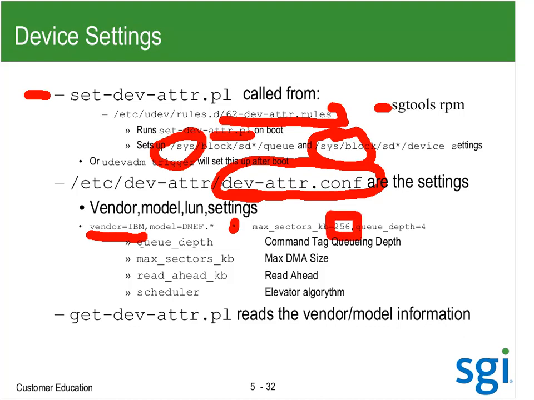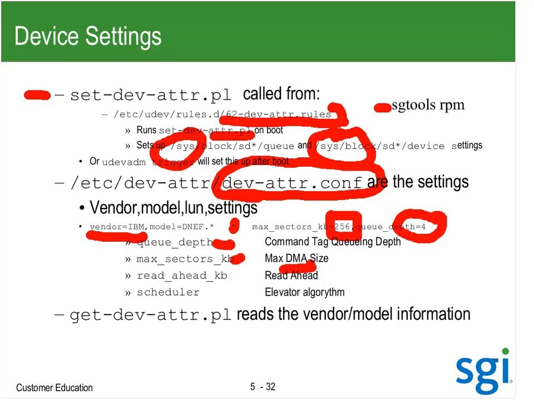This is increasing the DMA size, the maximum DMA that the driver can handle. I'm also adjusting the queue depth. Now there are 4 things I can do here. Queue depth, and max sector K byte is the maximum DMA size. So if I want to do large sequential I/O to a RAID that's configured for 4 meg, I need to up that to get to 4 meg.